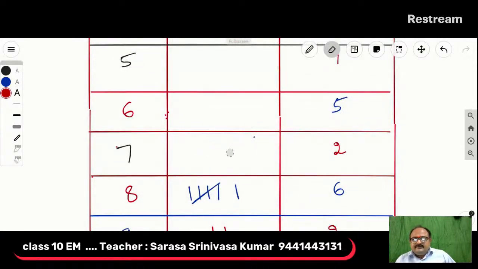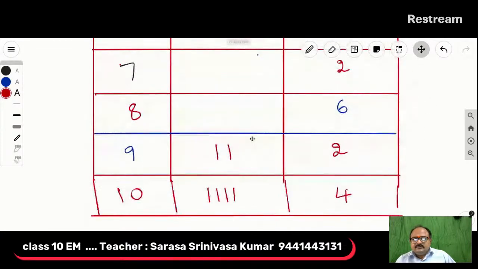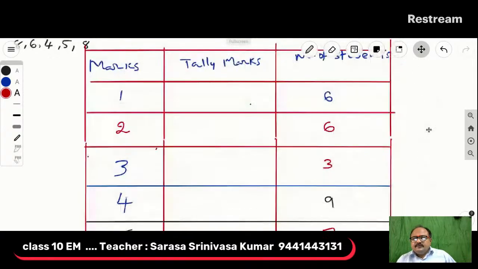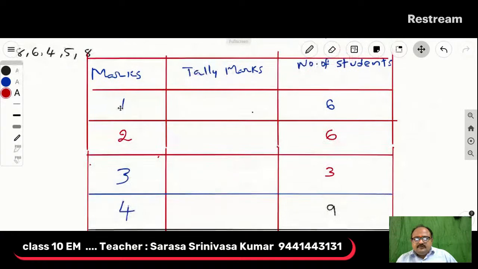I would like to repeat this. Now, 1 mark is obtained by 6 students. So, how to write tally marks? We can write it as 5 plus 1. 1, 2, 3, 4, 5. This is 6. This is how we write the tally marks for 6.